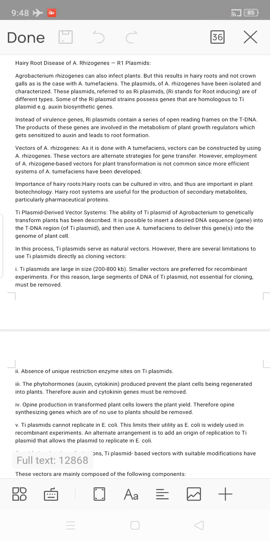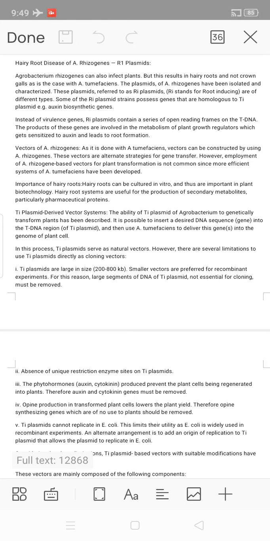However, there are several limitations to using plasmids directly as cloning vectors. First, plasmids are large in size. Smaller vectors are preferred for recombinant experiments. For this reason, large segments of plasmid DNA not essential for cloning must be removed.